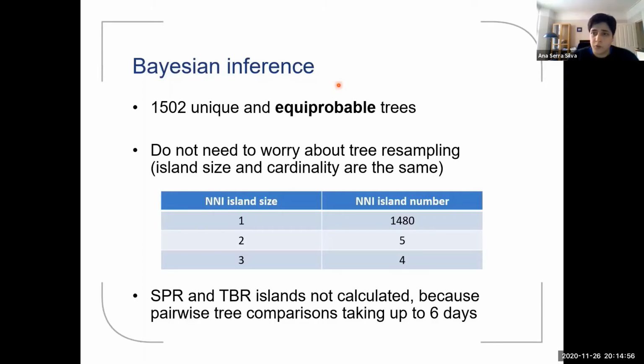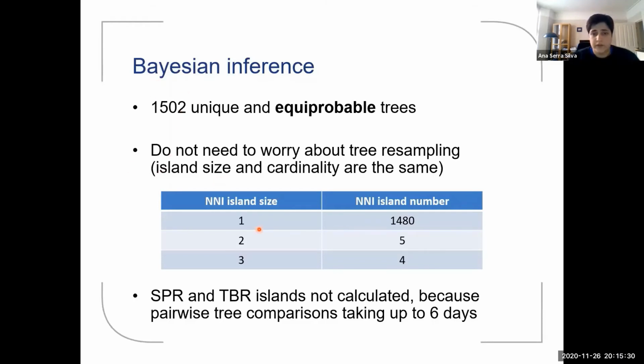If there weren't, we would have to worry not only about island size, which is the number of unique topologies in one island, as well as island cardinality, which will be the total number of non-unique trees in an island. So I managed to write a few R functions that allowed me to extract the NNI islands from this distribution.